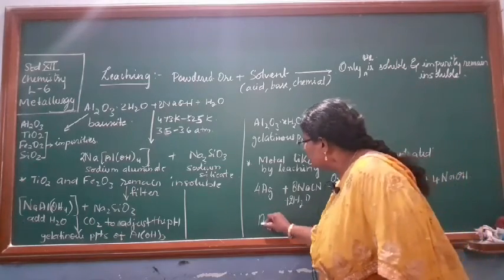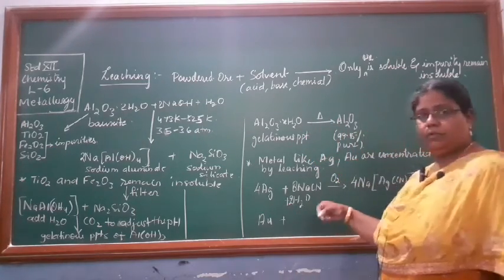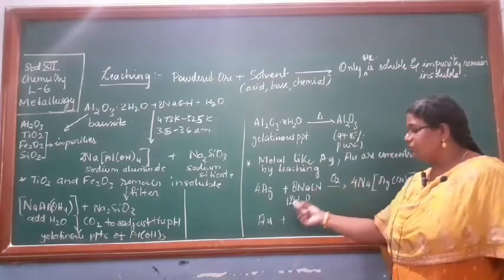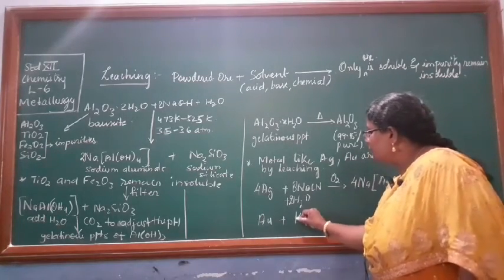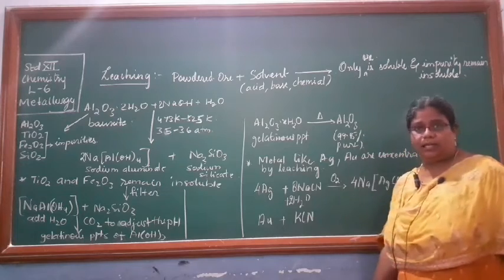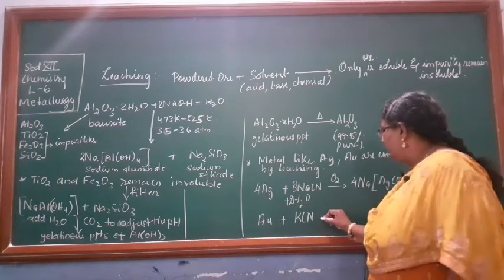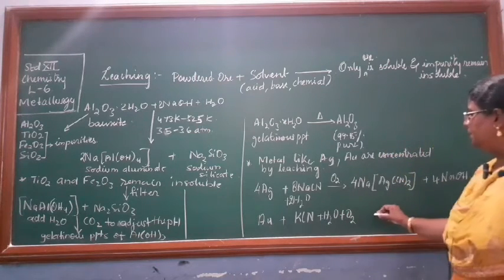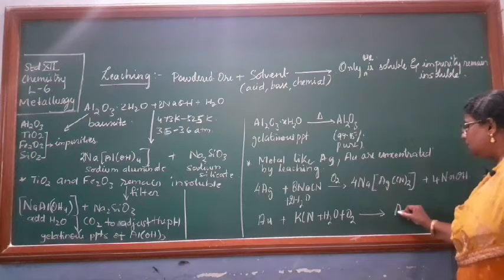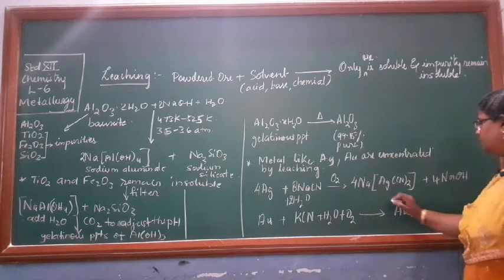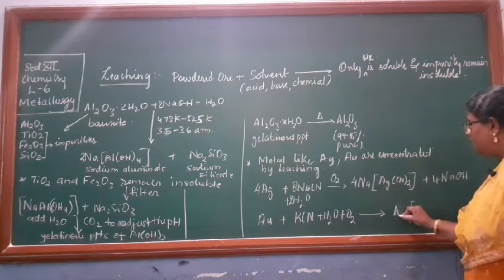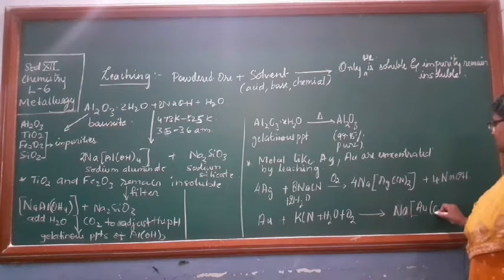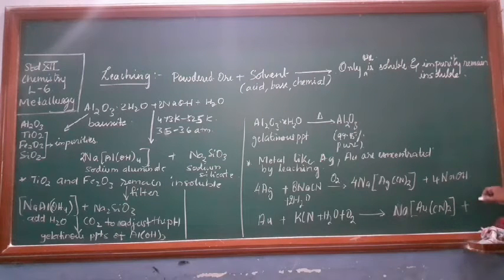Similarly, when we are carrying out the leaching process for gold ore, you will use the solvent KCN, plus H2O plus O2, which gives you the complex with gold, K[Au(CN)2], plus KOH.